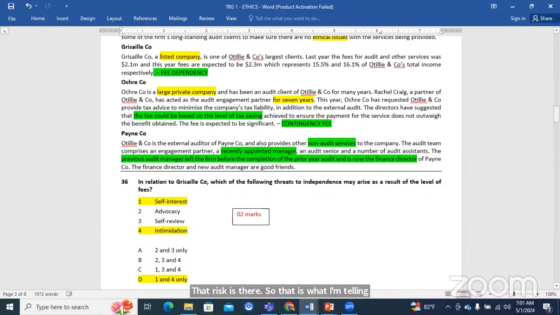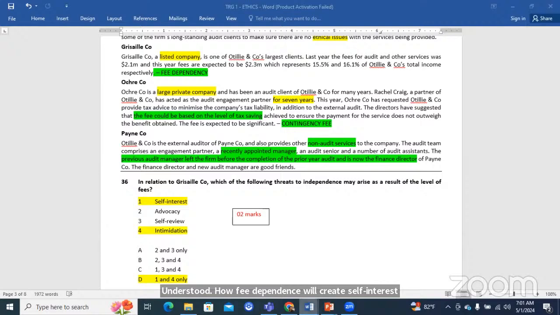Fee dependency is a self-interest. Along with that, it will create intimidation. What is first? Self-interest. What is second? Intimidation. Is it clear? So the answer is 1 and 4. Correct answer is D. Is it clear, students? Understood? How fee dependency will create self-interest, subsequently it creates intimidation.